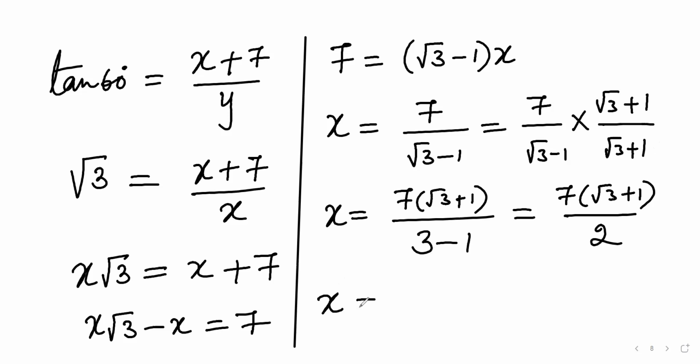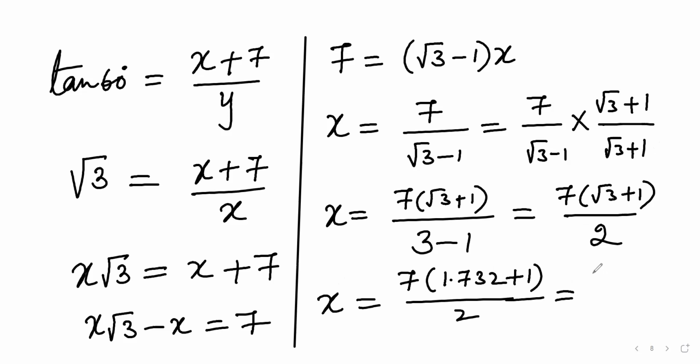Now x equals 7 into (1.732 plus 1) divided by 2, because the root 3 value is 1.732. Now 7 into 2.73 whole divided by 2.